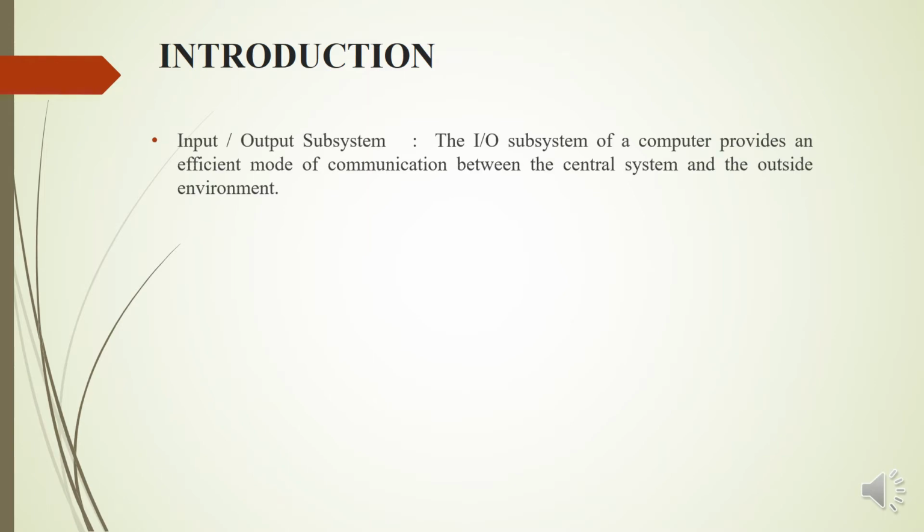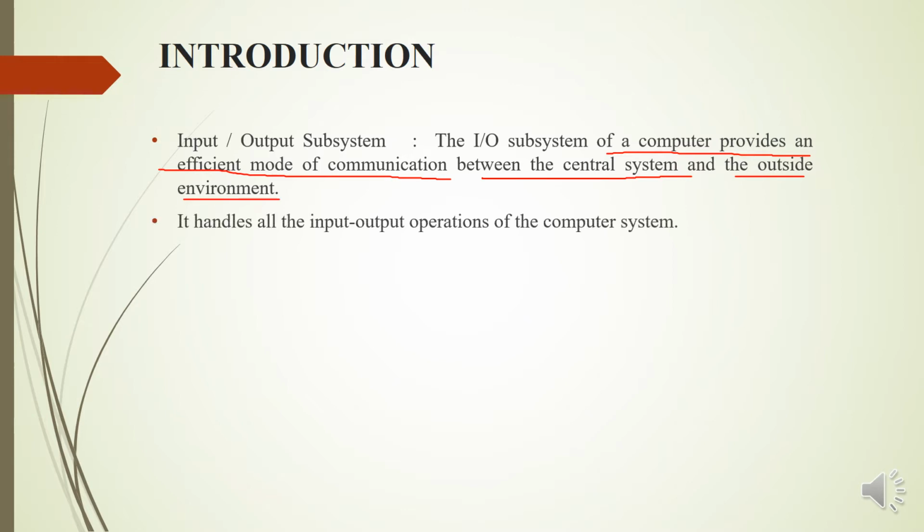We know that the I/O subsystem of a computer provides an efficient mode of communication between the central system and the outside environment. It handles all input-output operations of the computer system.